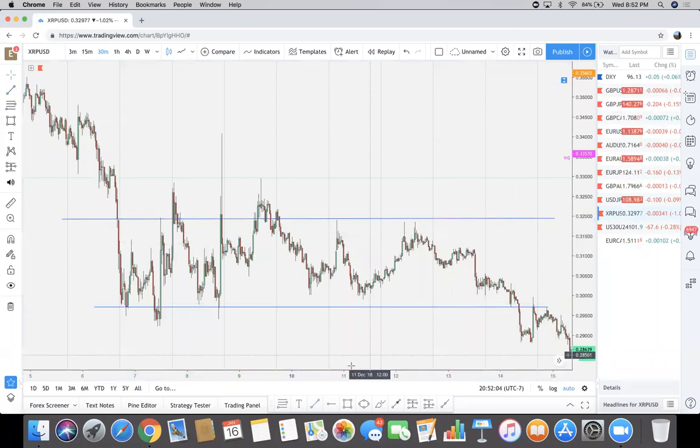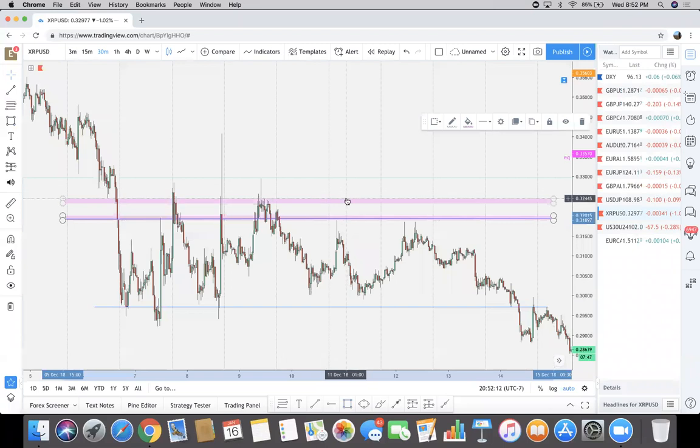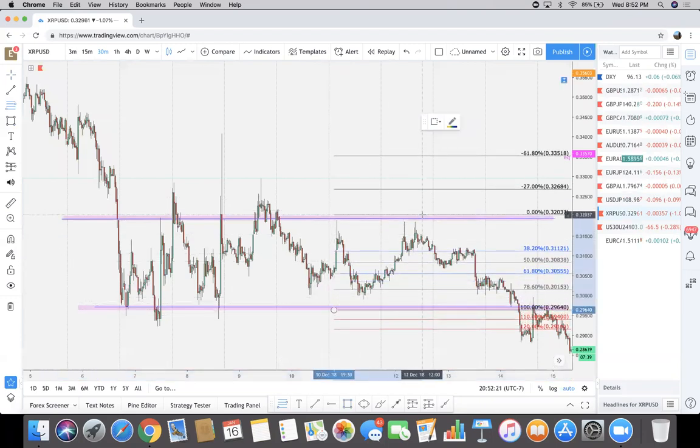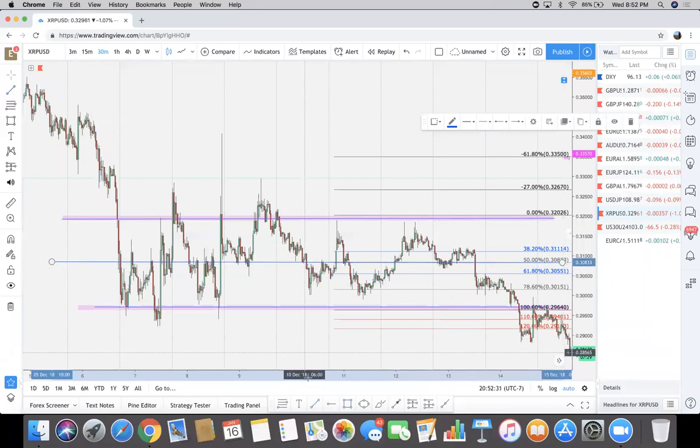So I'm showing you guys how I would mark up my ranges. Cool. Take out the Fibonacci from the bottom of support to the top of resistance, and then I'm going to go ahead and put a line at the 50 level, right there.